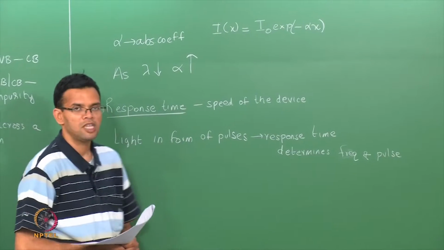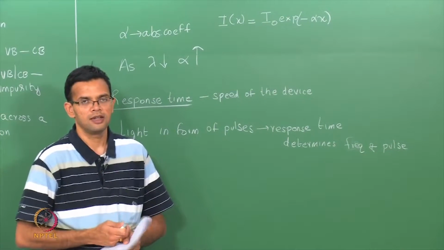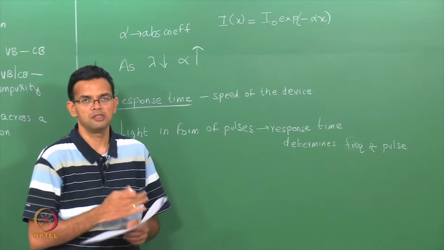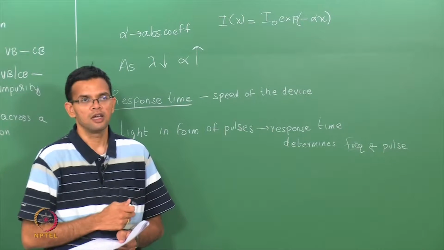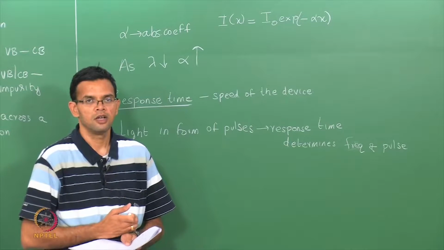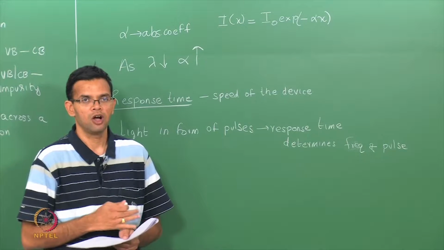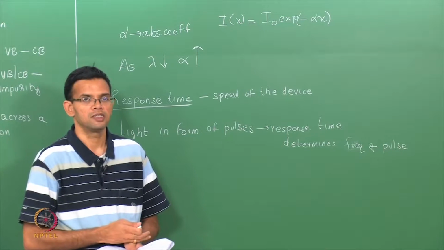So, the response time depends on the fact that you have electrons and holes that are generated, and these must diffuse through the device in order to reach the electrodes and then form your current. So, it depends upon the diffusion coefficient or the mobility of the electrons and holes in the device.